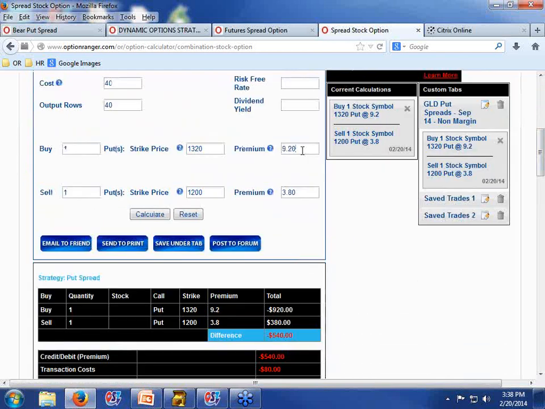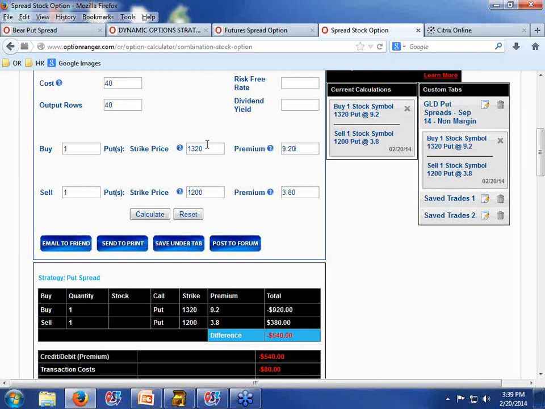So in this particular trade, we bought a put. Buying a put gives you the right but not the obligation to sell the stock at that price, at $13.20. And you paid $9.20 for that right. When you sell a put, which is the second part of this bear put spread, in this case, you're selling a put at $12.00 for $3.80.